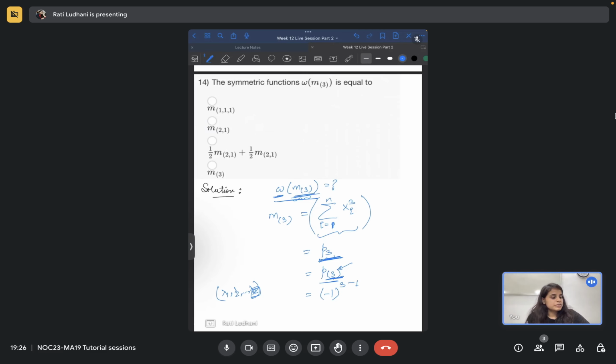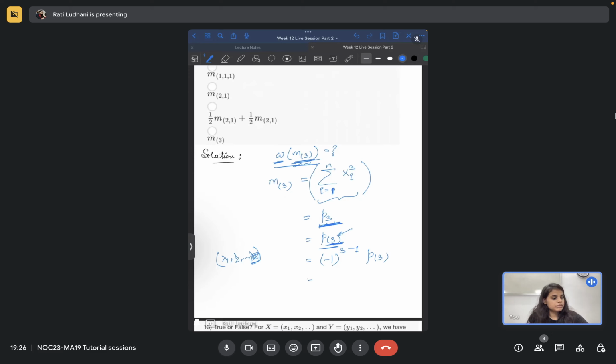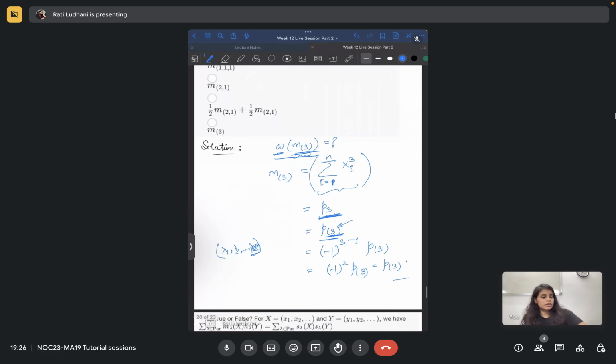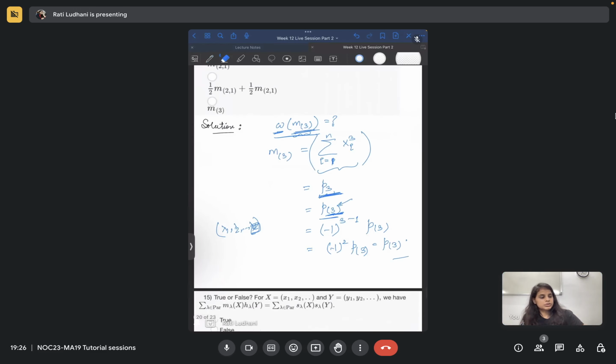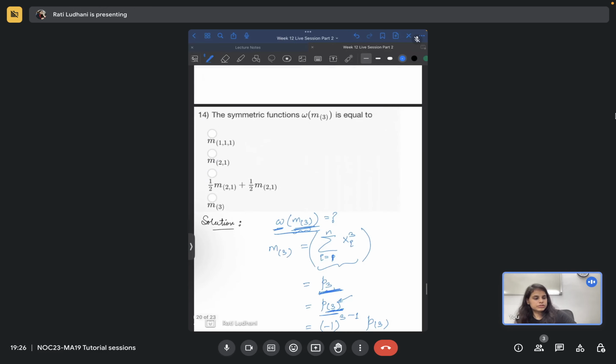So this is minus 1 raised to the power 3 minus 1, and it will just keep p3. So this is minus 1 raised to the power 2, p3. So we'll get p3. Now p3 is there, so we can write it back with m3. Is that clear? Yes, ma'am. So this is this.